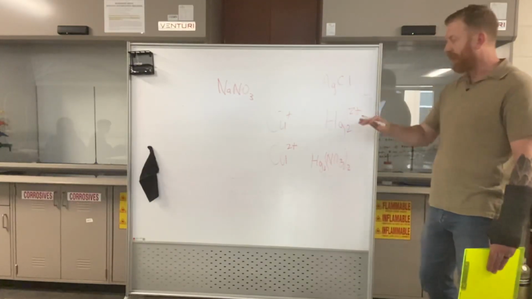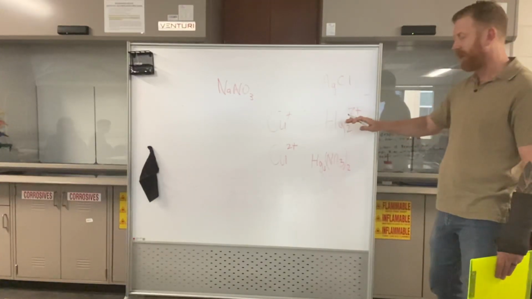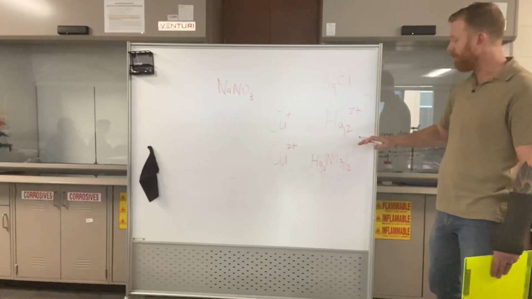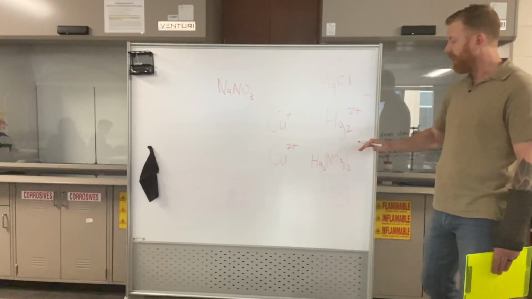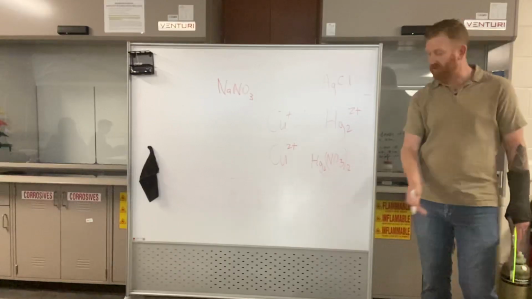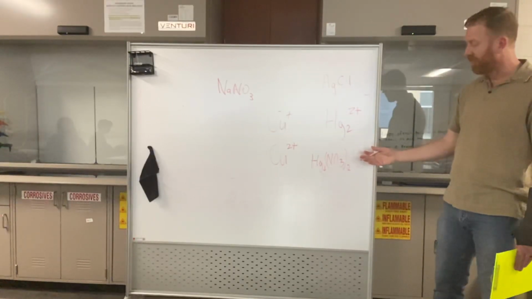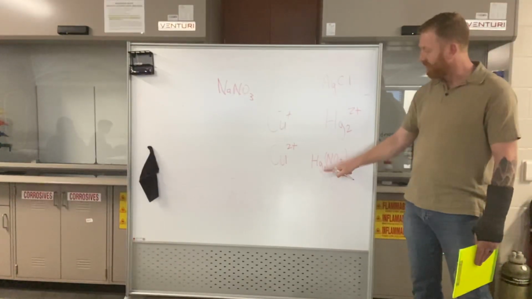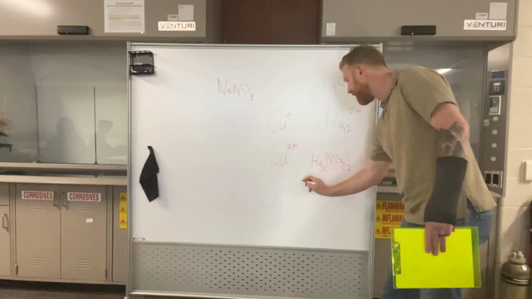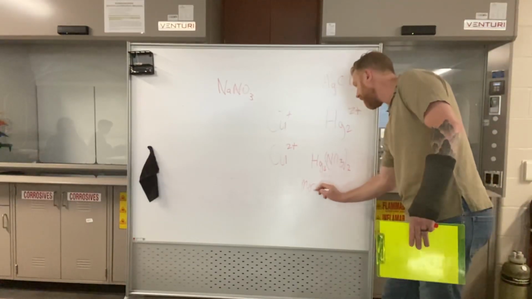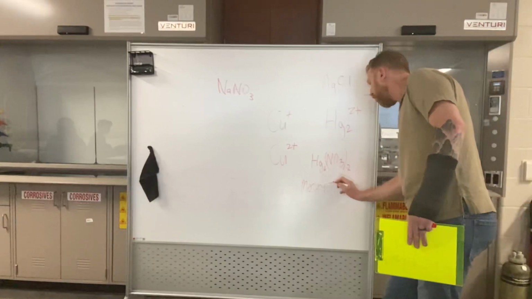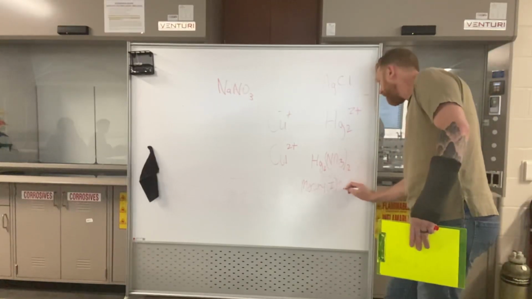So I'm throwing a couple of exceptions in there early because I tend to forget this. Oddly enough, we were working on this problem today, so it was fresh on my mind. If you were to write this out as a compound, it would be mercury 1 nitrate.